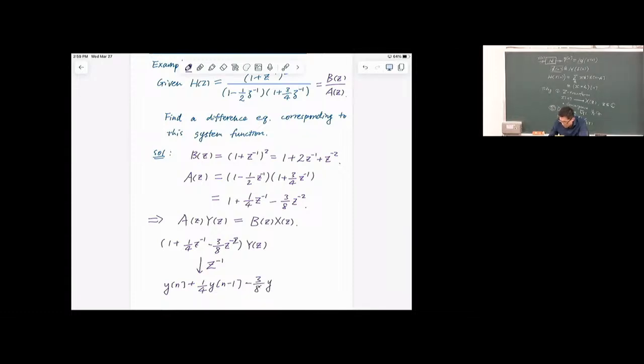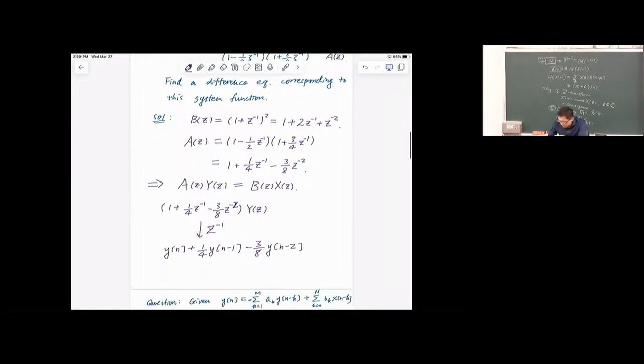And this, of course, is to the second power, delayed by two samples. Equals, similarly, for B of Z, let me jump ahead: x of n plus 2 times x of n delayed by one sample plus x delayed by two samples.